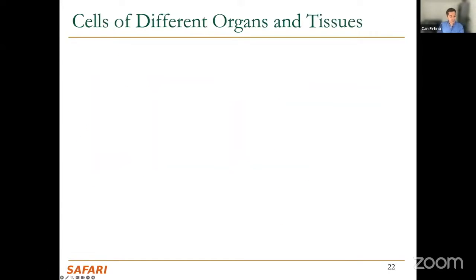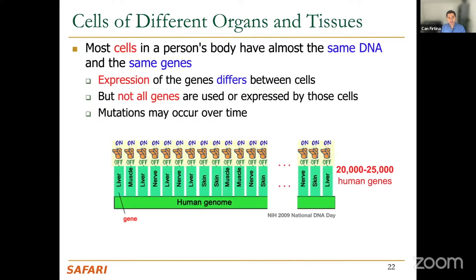So I hope this was clear so far, because we're going to delve into a little bit more detail about what's making each cell different, I guess, right? Because essentially the idea is that the DNA or the genome that we carry in our body will be contained almost in exactly the same way in our cells, right?